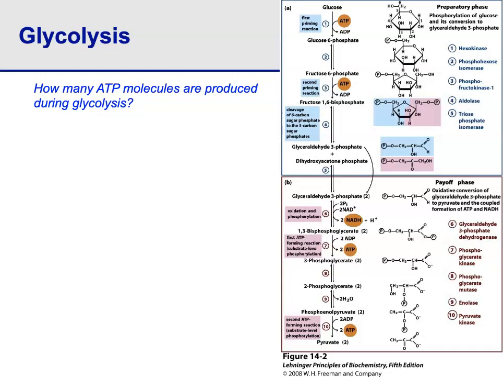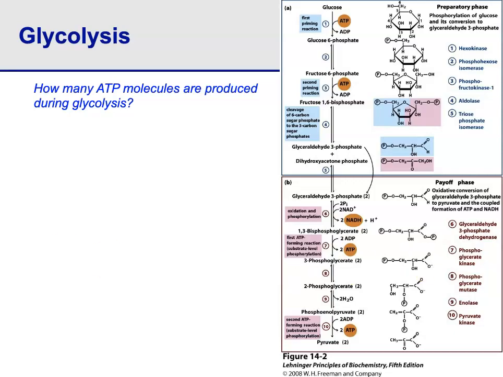I sometimes say that since we have 2 molecules of NADH, if one goes through the glycerol 3-phosphate dehydrogenase, we'll get 1.5, and if one pair goes through the malate aspartate shuttle, then we'll have 2.5 molecules of ATP, and the grand total is 4.